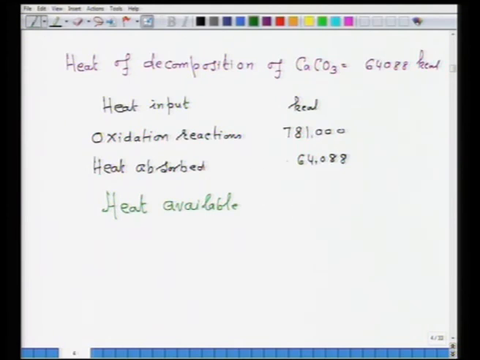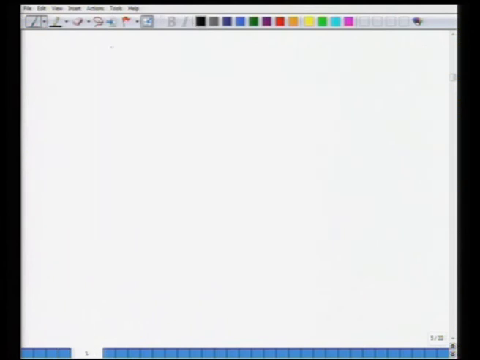Just for the convention I put this as a minus, and this is an exothermic reaction, so I put it plus, so that no confusion is there. So, heat available would be 716,912 kilocalories.